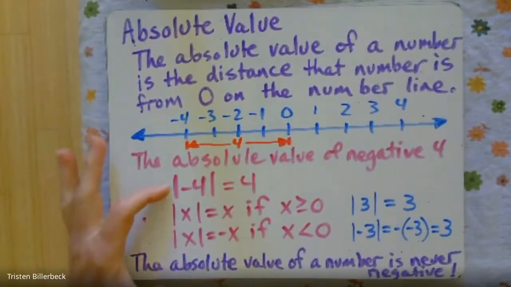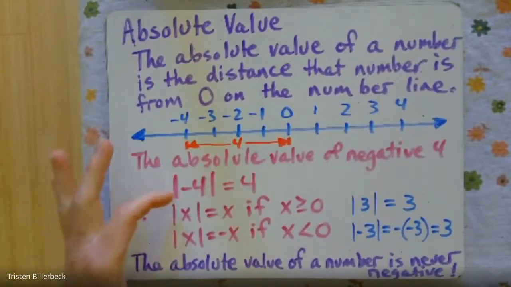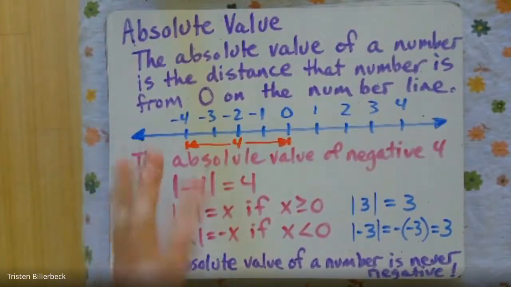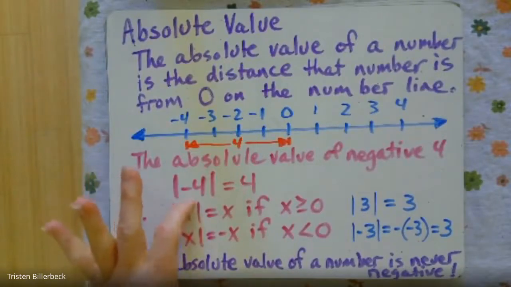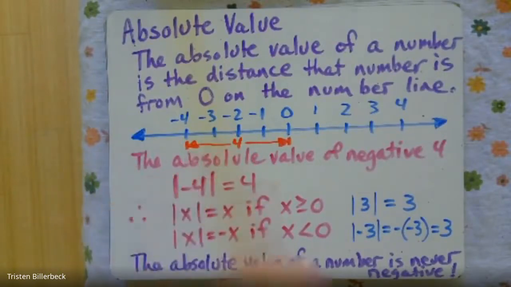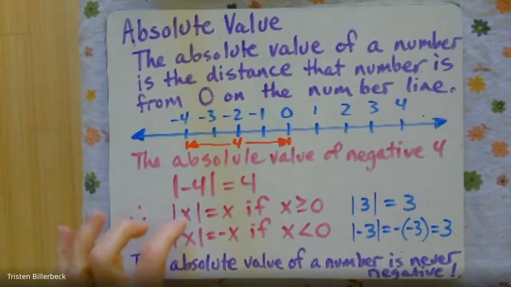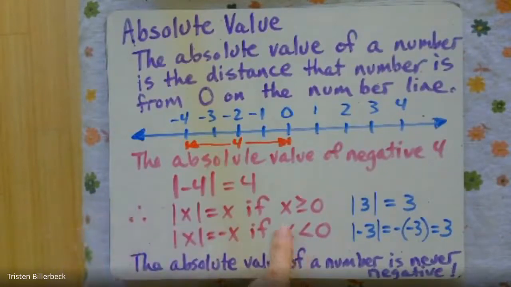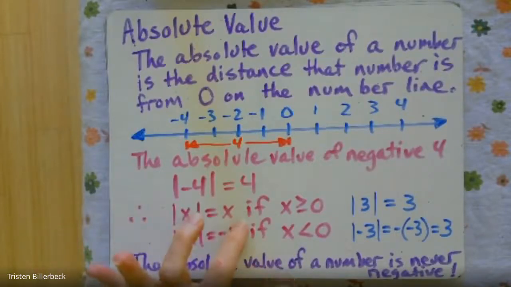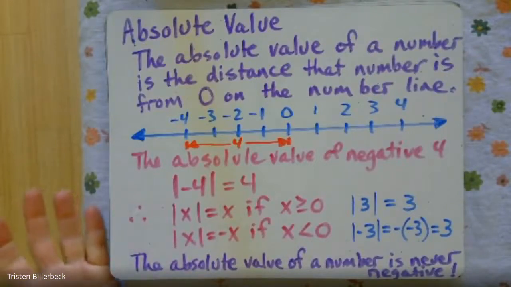We use these vertical bars to mean absolute value, so the absolute value of negative 4 equals 4. If we have the absolute value of x, that's going to equal x, as long as x is greater than or equal to 0, because the absolute value of 0 would equal 0, and the absolute value of 4 would equal 4.